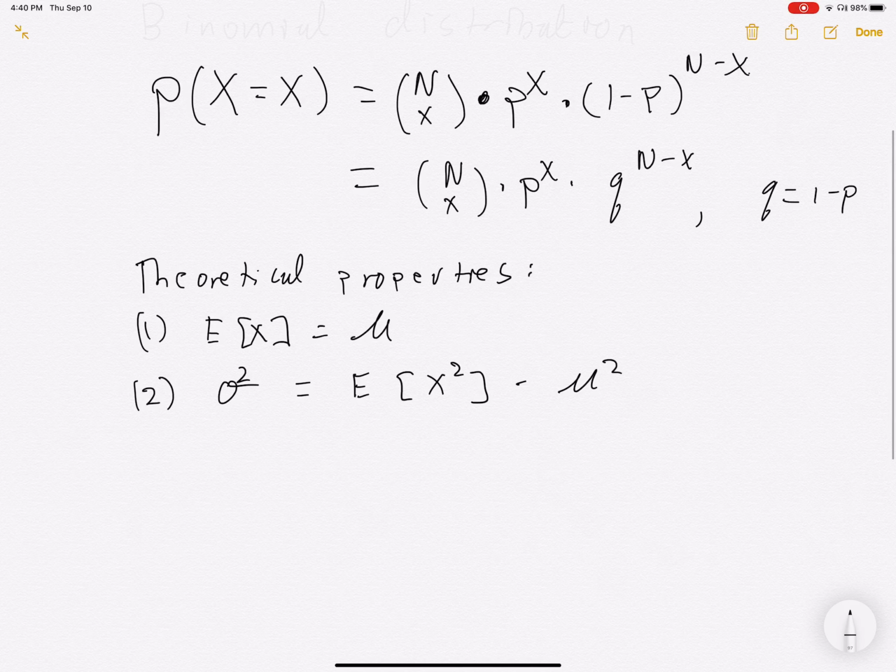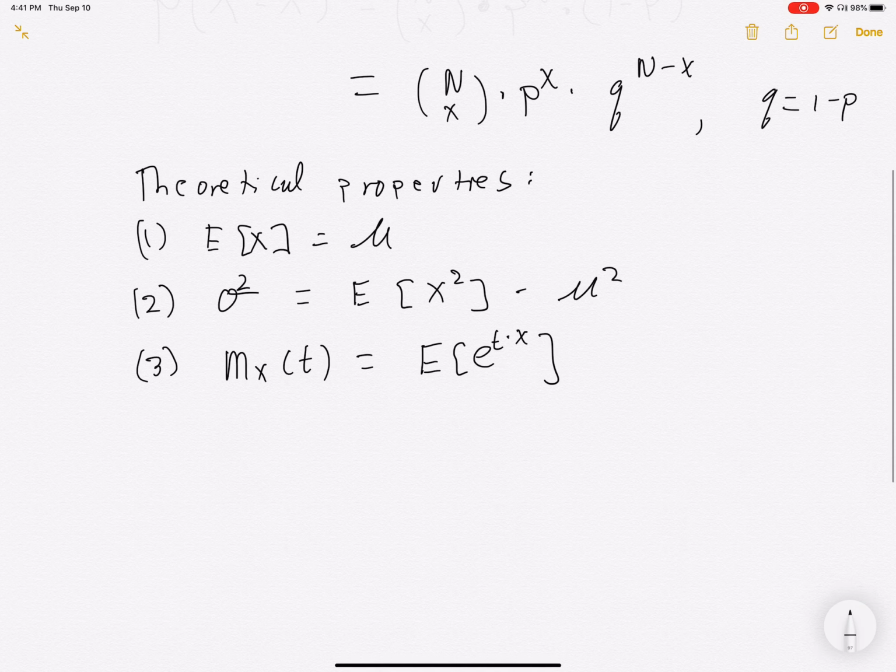And the third one, which we'll actually begin with, is the moment generating function of the binomial distribution. The moment generating function is the expected value of e to the t times X.